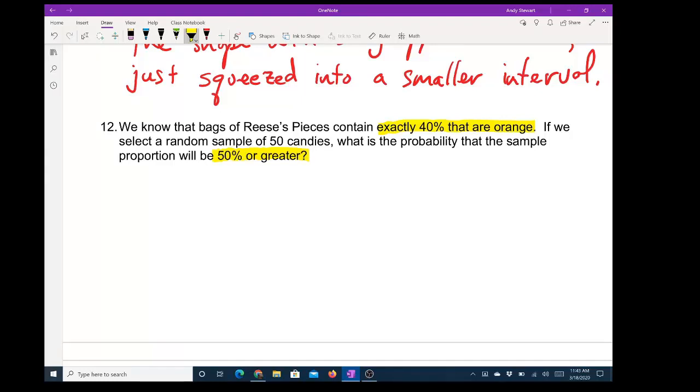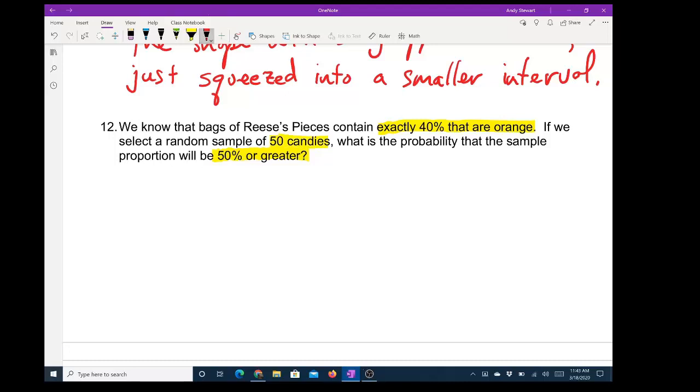Is it rare to get 50%? If it is rare, we'll say that must be a special bag of Reese's. But if it's not rare, we'll just say, oh yeah, that's random sampling for you. That's expected variability.